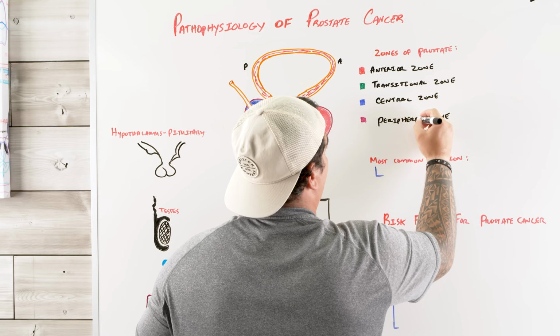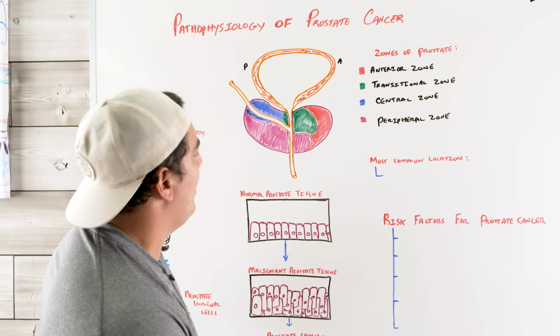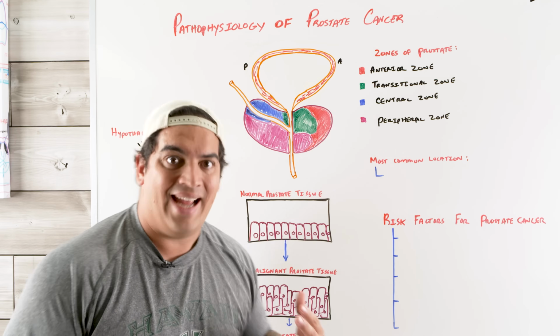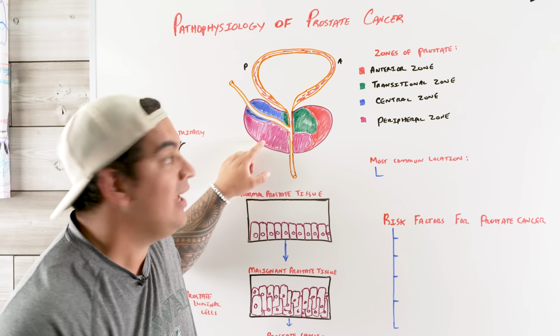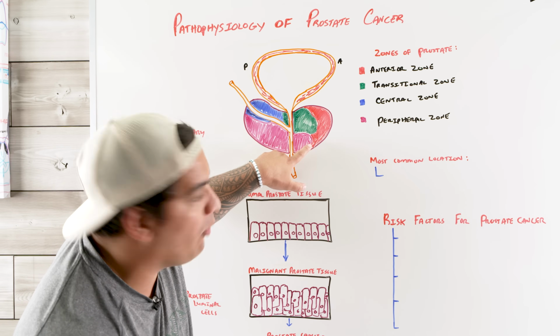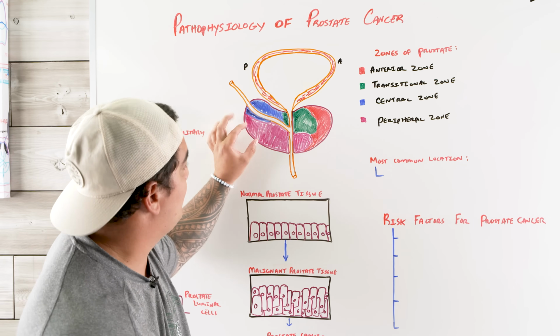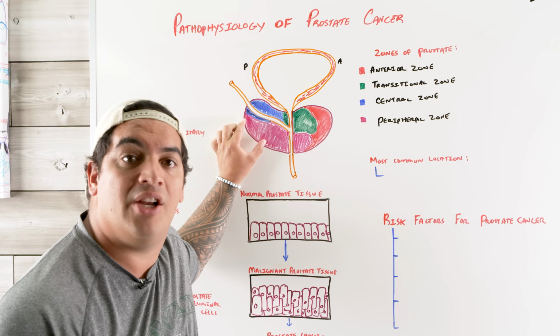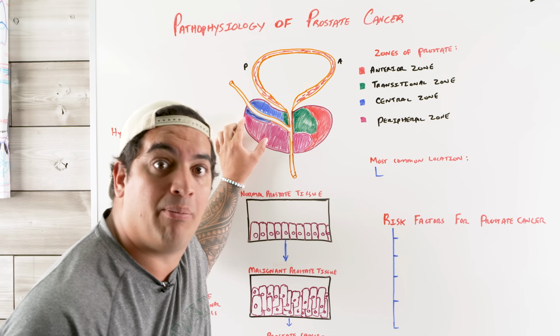Now, when patients develop some type of prostate cancer, it usually develops in the peripheral zone. As you can see here, the peripheral zone goes all the way posterior and can even come a little bit more anterior. Most of the time, it develops in the posterior and lateral portion of the peripheral zone.